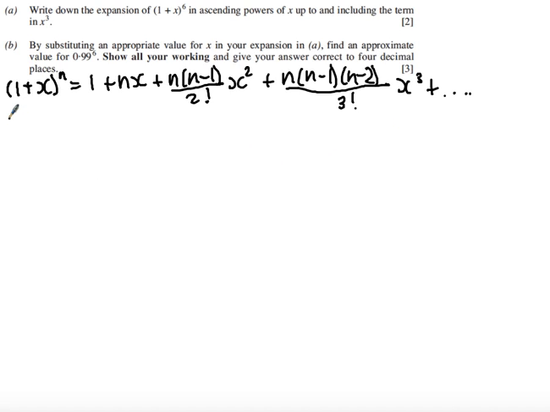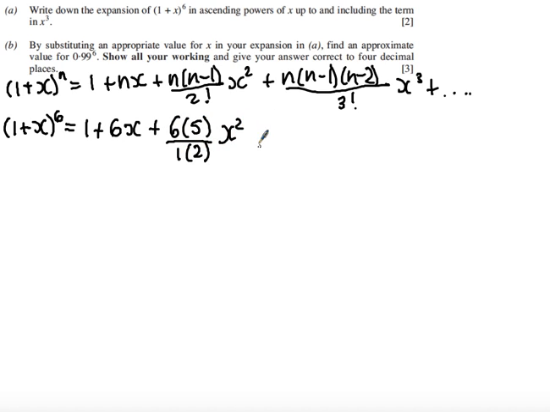Now in practice, although this is the form of the expansion that we're looking to use in this example, it's far easier to remember this as patterns. So I get 1 plus n, which is 6x, plus, count down from 6 times 5, only 2 terms because it's x squared, and on the bottom 1 times 2, counting up, so that I have the same number of integers top and bottom, top counting down, bottom counting up, times x squared.